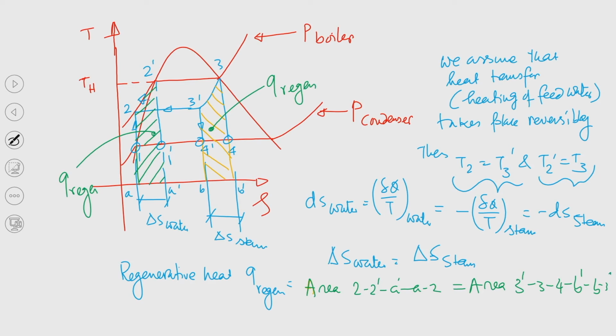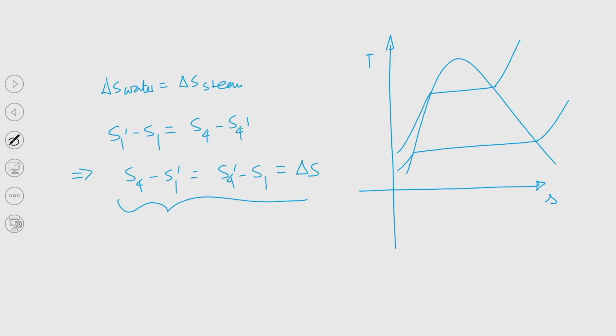So, this is the ideal regenerative cycle, it is not superheated, steam is just saturated vapor, and then if we redraw the processes, say this is 2, this is 2 prime, this is 1 and this is the process, right. Now, this is 3 prime, this is 3, right, and then this is 4 prime, this is 4 and this is 1 prime, right.